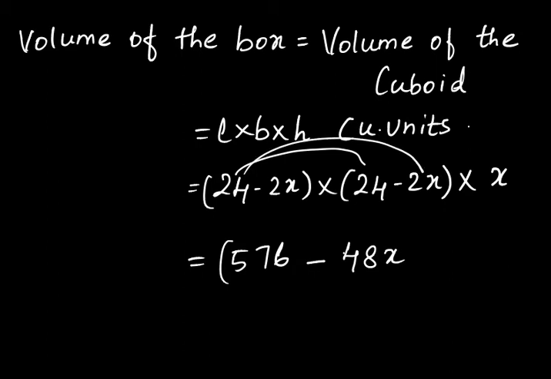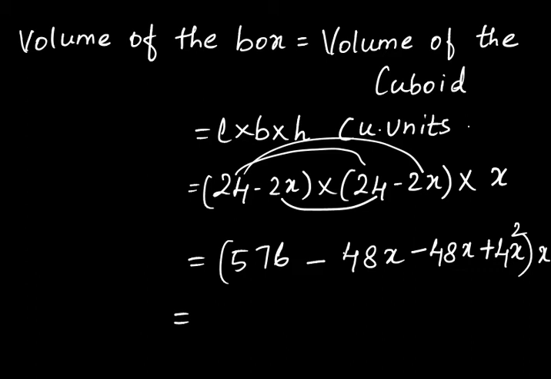Now we will multiply minus 2x. So minus 2x into 24, minus 48x, plus, because minus into minus you will get plus, 2x into 2x, 4x square, into x. Now multiply x inside.